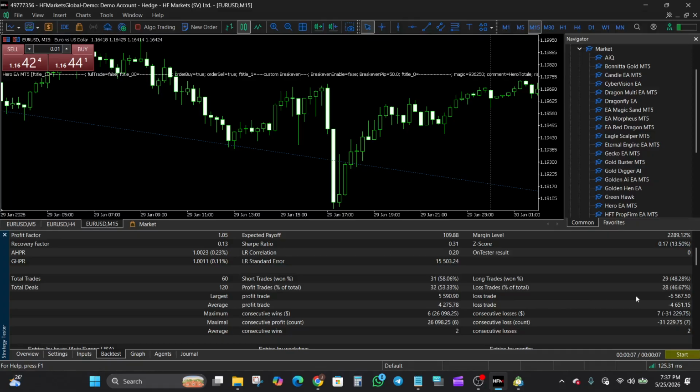The largest loss was $6,567.5, and the average profit was $4,275.78, while the average loss was $4,651.15. So this tells me that the risk to reward ratio is pretty bad, because the average profit is less than the average loss. So, we have a bad risk to reward ratio.